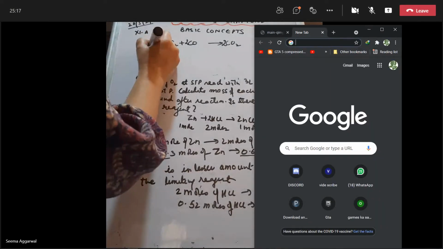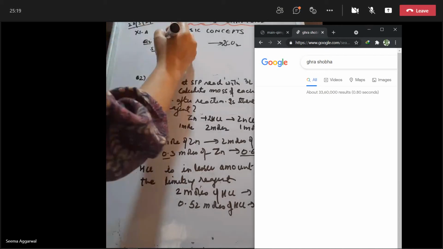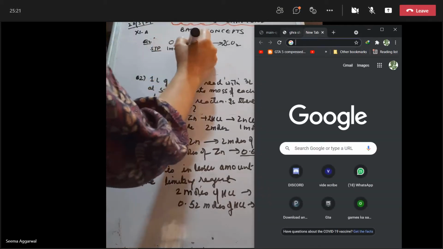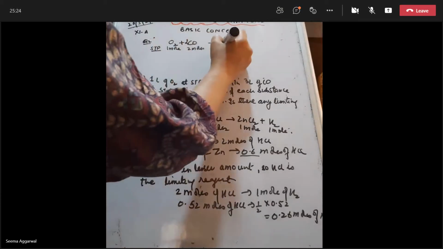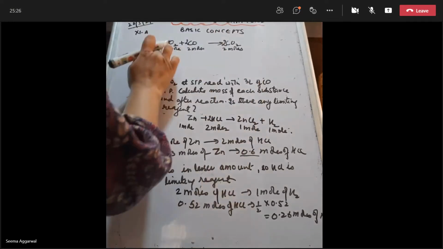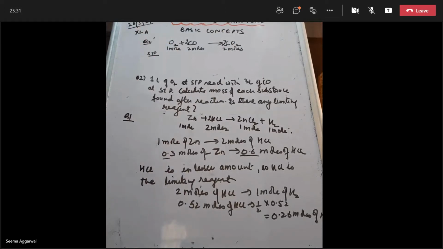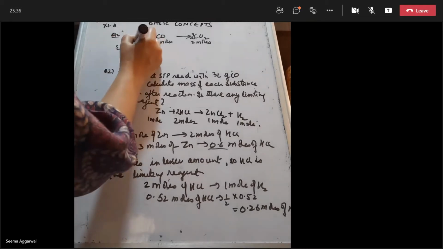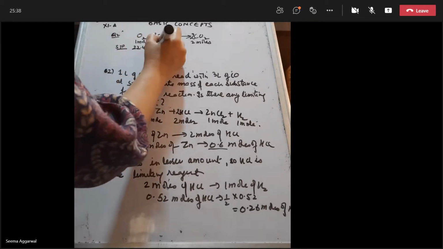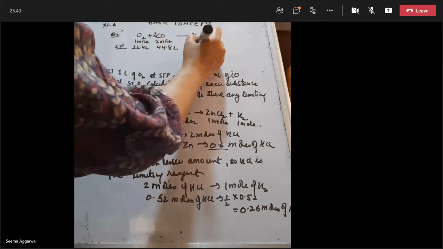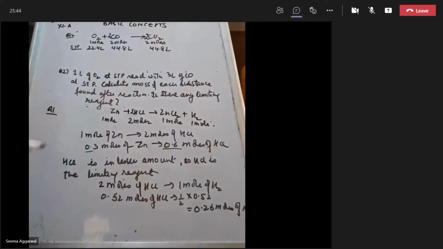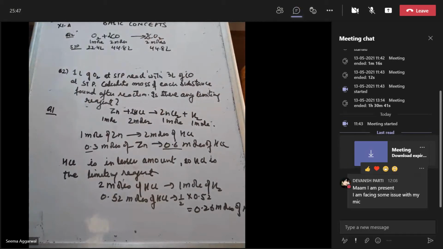Now at STP, what does it mean? 1 mole of O2 reacts with 2 moles of carbon monoxide, and we are getting 2 moles of CO2. Can you convert it into volume at STP? 1 mole occupies a volume of? Yes, ma'am, 22.4 liters. 2 moles means 44.8 liters.